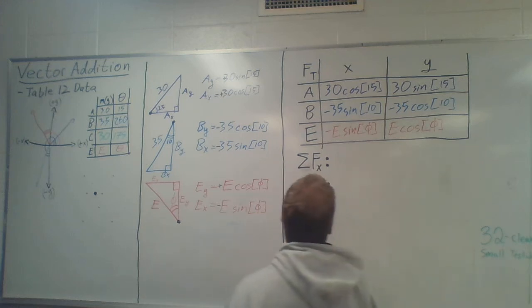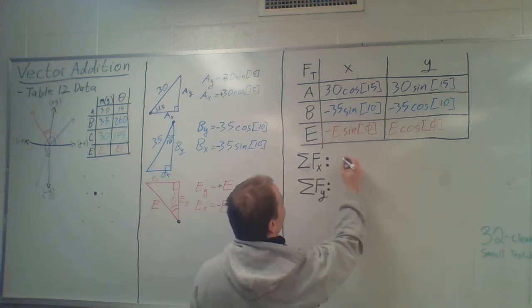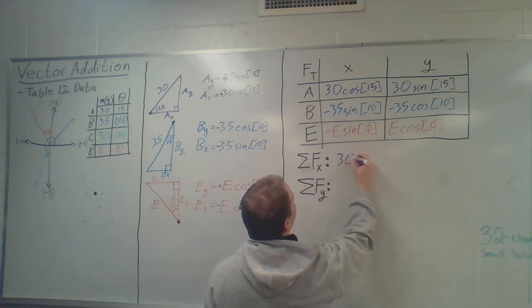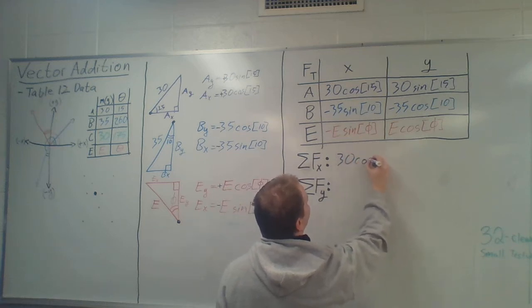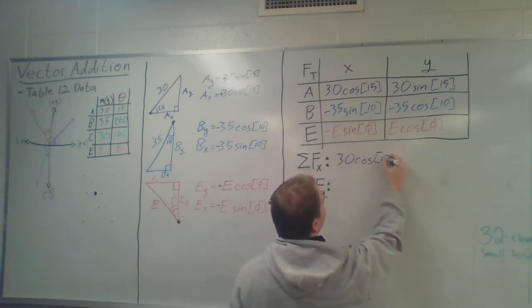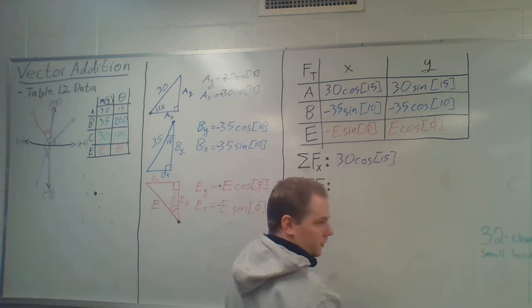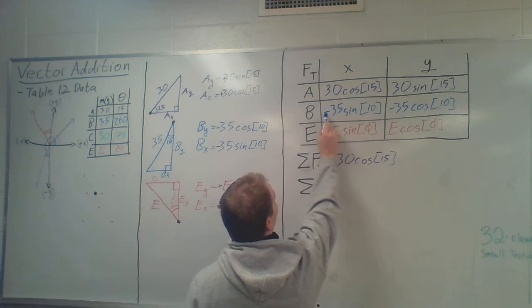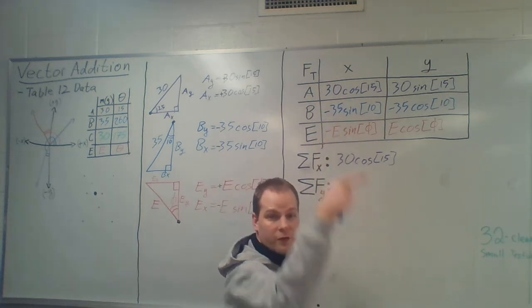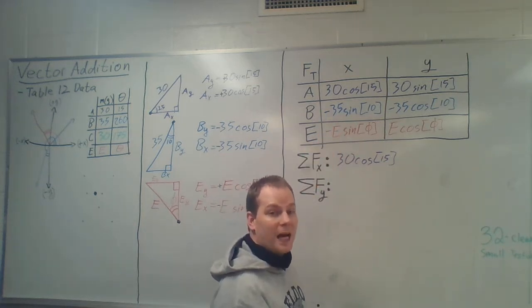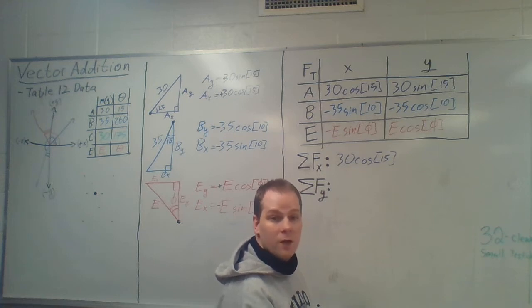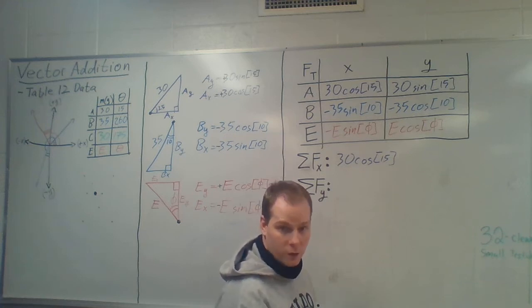So, vector A is 30 cosine of 15, plus, and in this case it's minus because it's plus negative 5. Plus negative 3 is 5 minus 3, or 2.